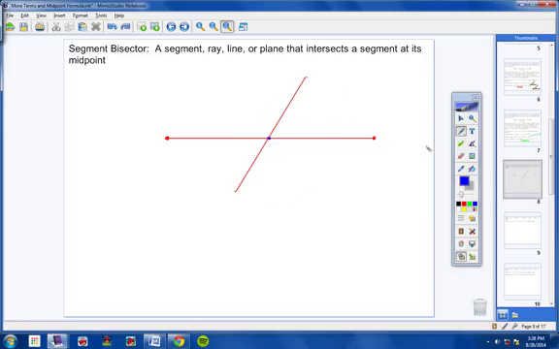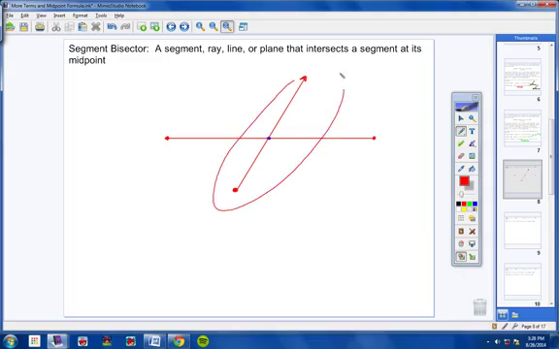Let's pretend that this segment was a line and there were arrows on the end, okay? This line is a segment bisector because it cuts this segment right here in half. It could be a ray, okay? Let's pretend for a second that we have an end point here and an arrow here.